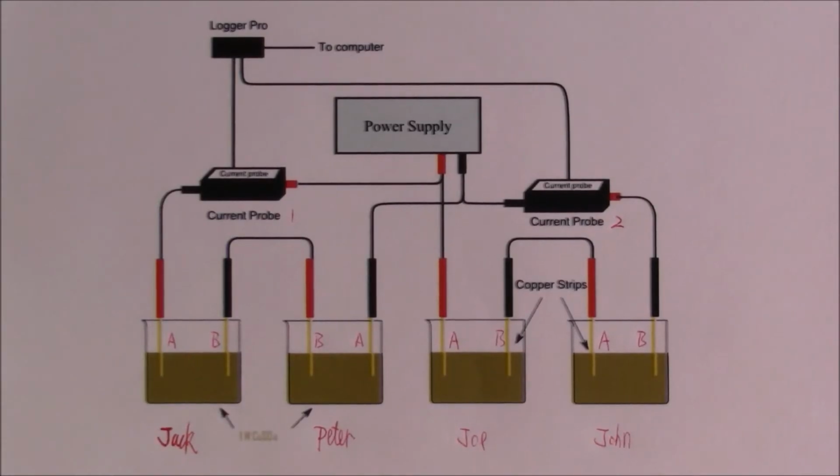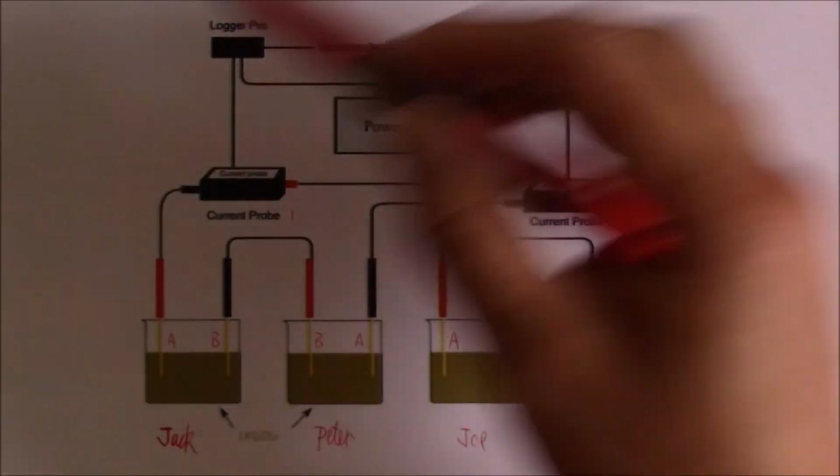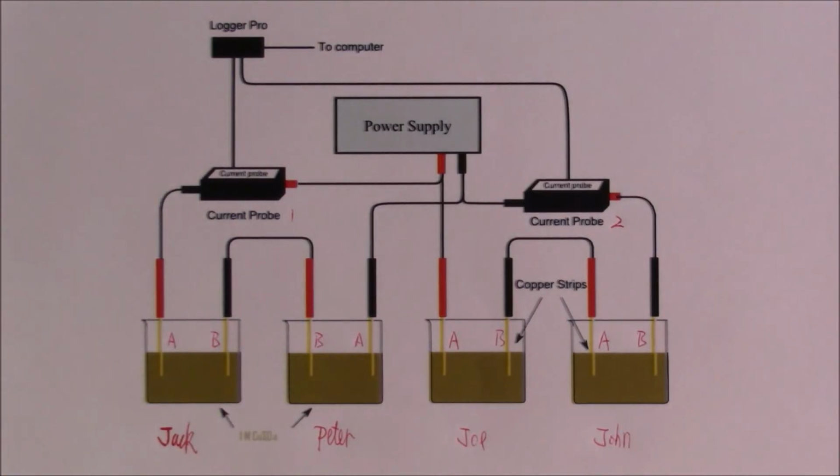Another common format to present your data is to use sketches or illustrations. In your sketches or illustrations, you must label the connections very clearly. For example, for this particular experiment, each beaker belongs to a different student. Therefore, you must label each beaker with the students' names.